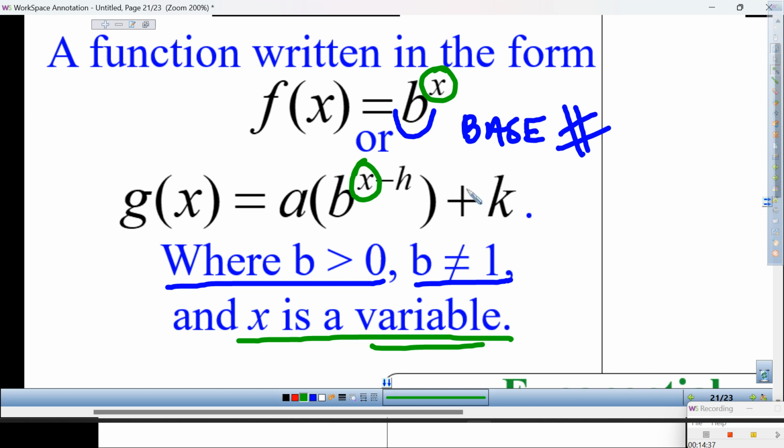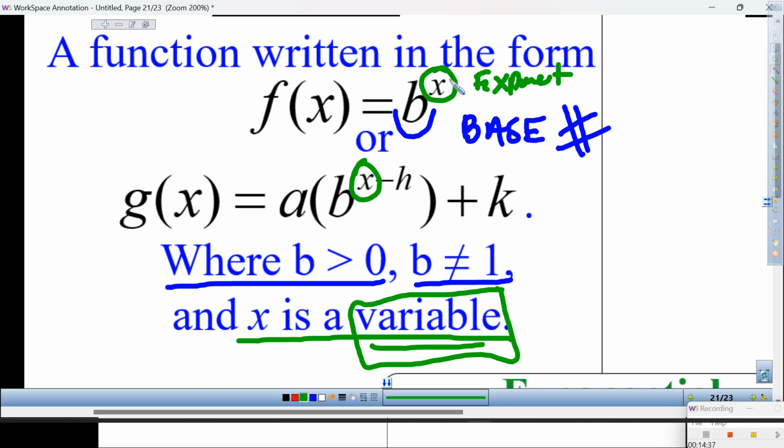Could it be a number only? No, it has to be a what? A variable. You're like, Mr. Q, so if it has minus something else? Doesn't matter what it minus, as long as it starts with a variable. We good? Once again, that's the exponent.